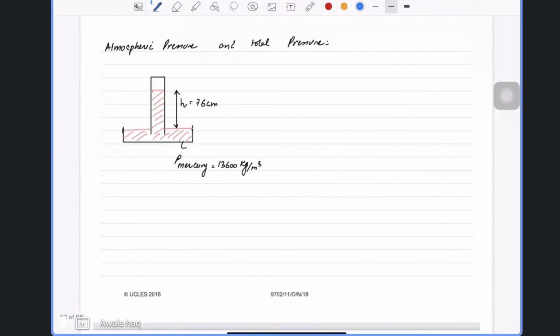Then I'm going to go towards atmospheric pressure and total pressure. Now, I'm just going to write a small breakdown of this chapter. You will have 10% questions from density only, like combined density and normal pressure. About 50% of questions are going to be upthrust related, so you should be really focused on this one.